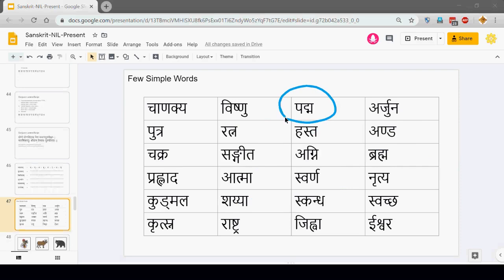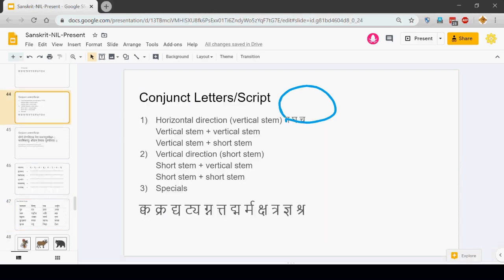Okay, so next one, Veena. This symbol which is coming in there is somewhat special, which is shown here. At the top part we have a small da, and then there is a ma part at the bottom.